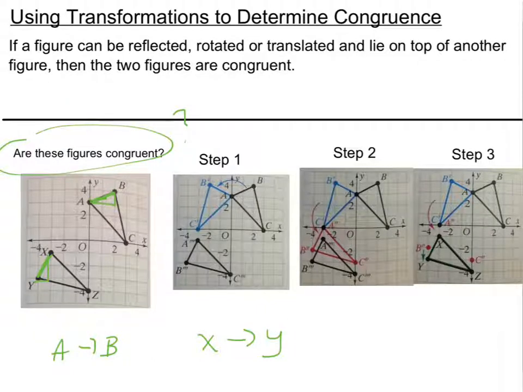So the first thing that they try in this picture is they try a rotation, or they try a reflection. So they reflect it over the y-axis here, and they get this figure. And then it looks like it's been reflected again, because your B and your A are not in quite the same place. So they reflect it over the x-axis again to get step 2, and the orientation is correct for step 2, but it's not in the same position.